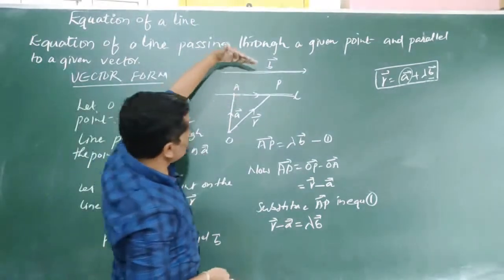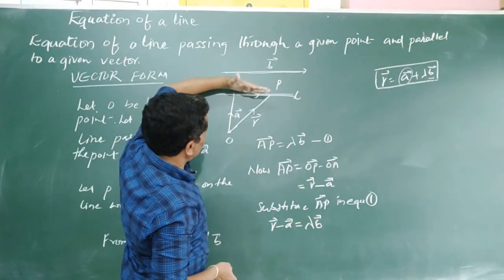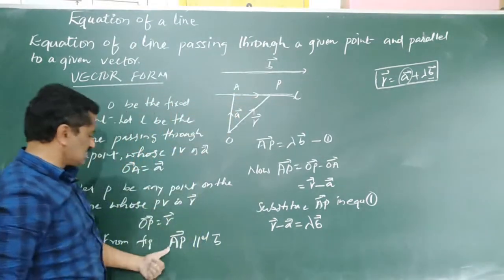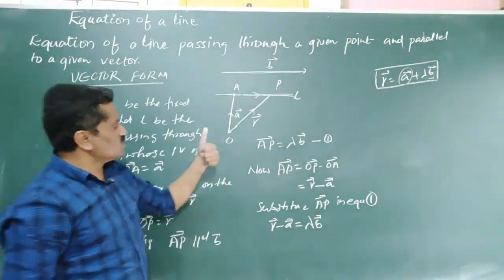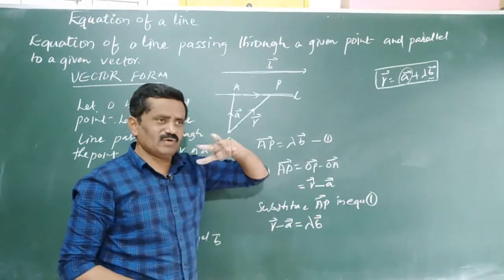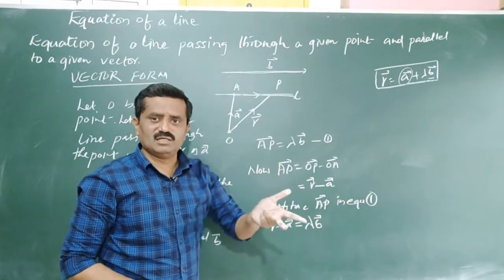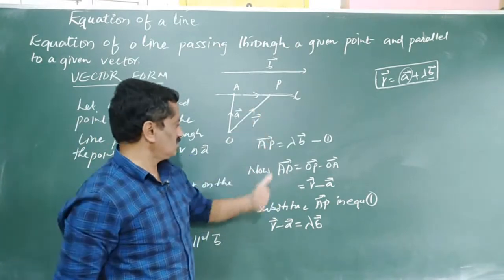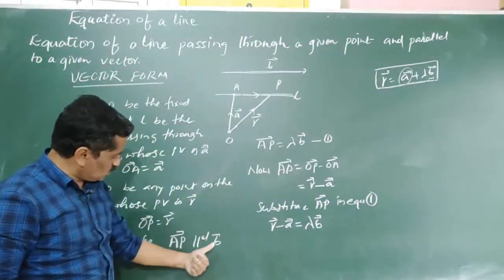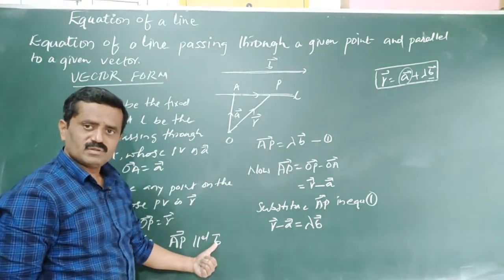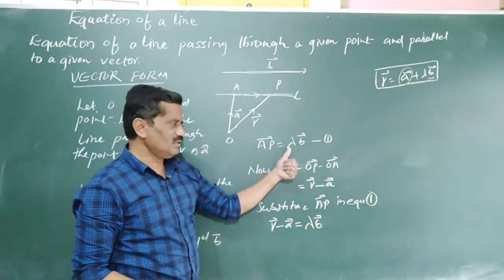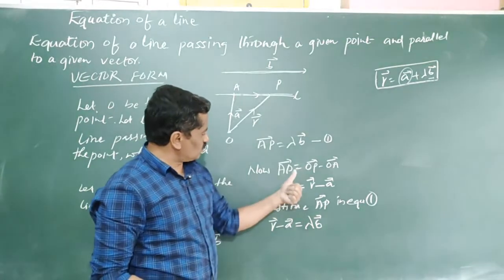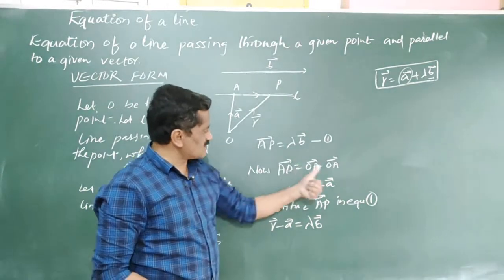So from this figure, AP bar is parallel to B bar. We know that whenever two vectors are parallel to each other, one vector is equal to some scalar times the other vector. Therefore AP bar is equal to lambda into B bar, where lambda is a constant. Now AP bar is equal to OP bar minus OA bar.